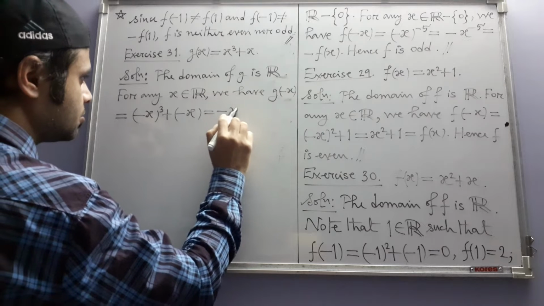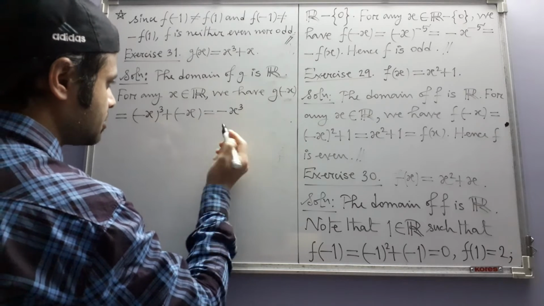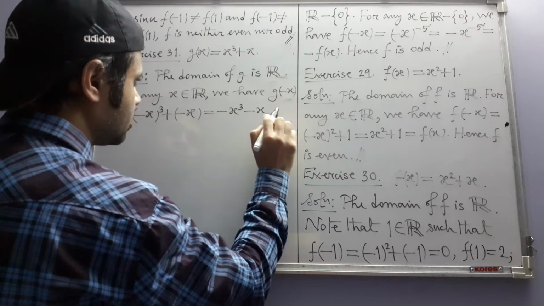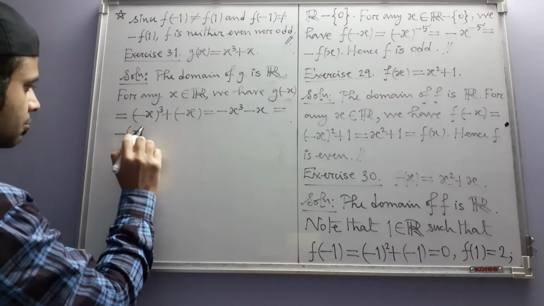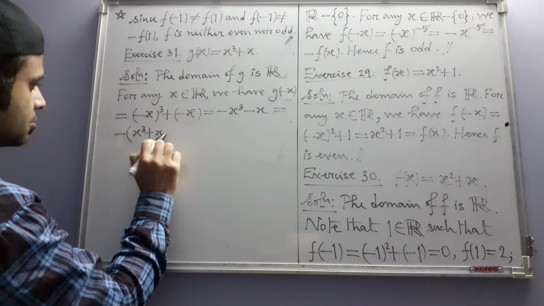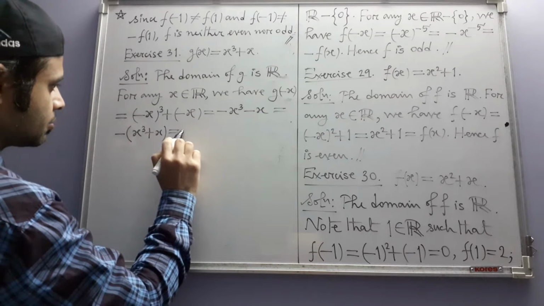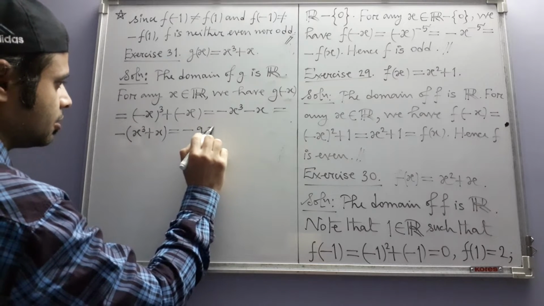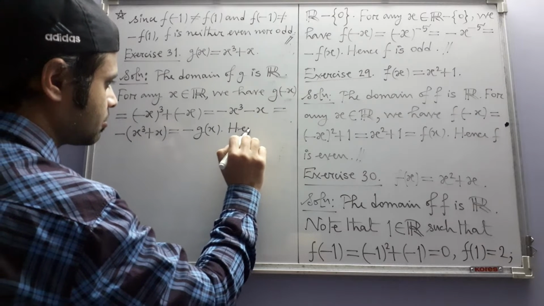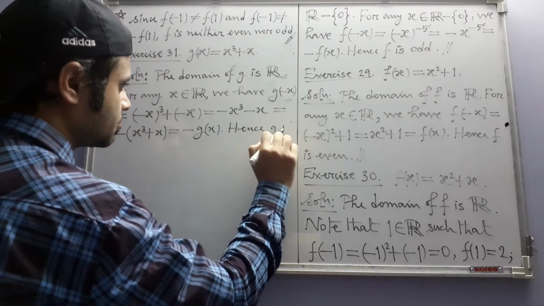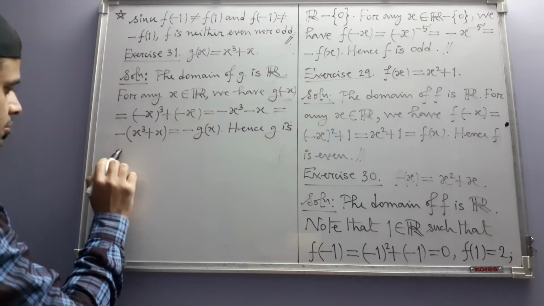So this is minus x cube, because 3 is odd, minus x, and that is equal to minus of x cube plus x, minus g of x. Hence g is odd.